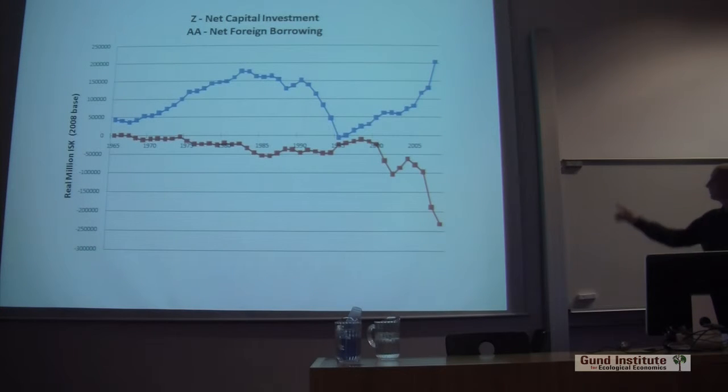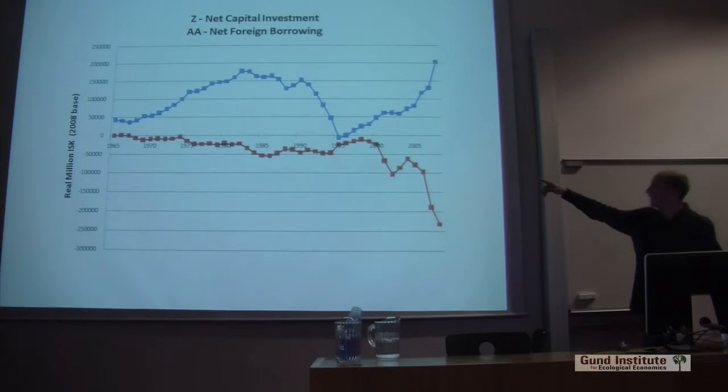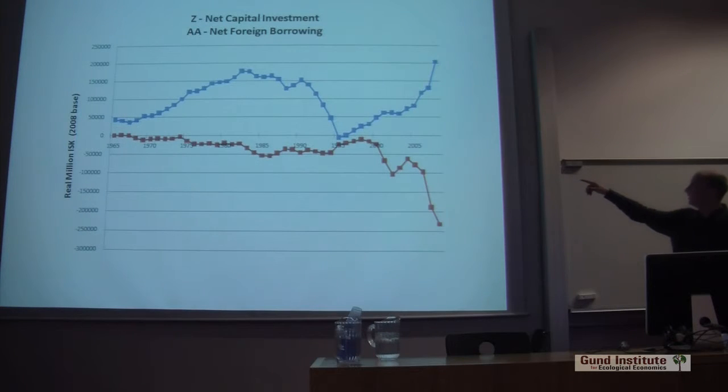And it's interesting when you start to look at this, you see a huge increase in net capital investment in the late 70s and kind of going through that time period. The dependence on the net foreign borrowing is fairly minimal up until that point. It isn't until around the late 90s, early 2000s when the foreign borrowing really starts to go negative.